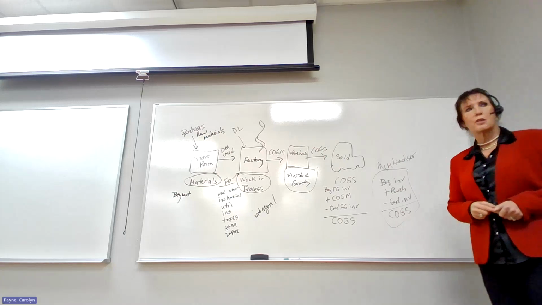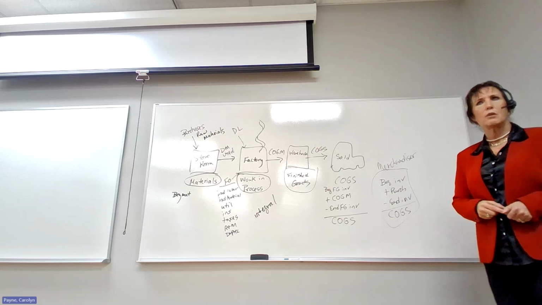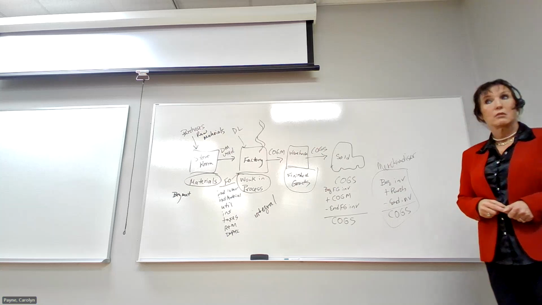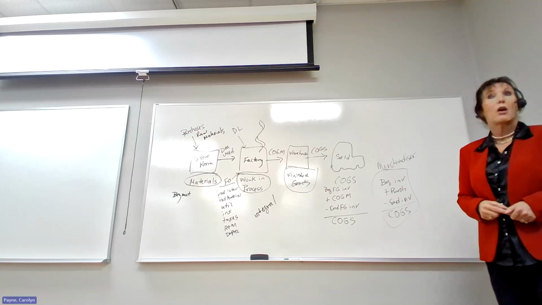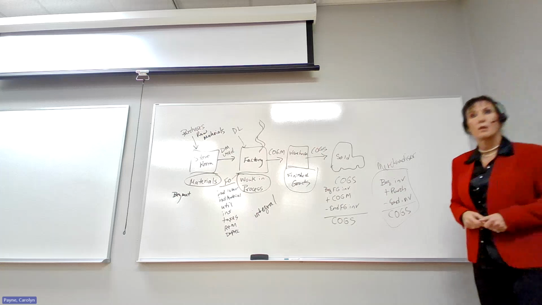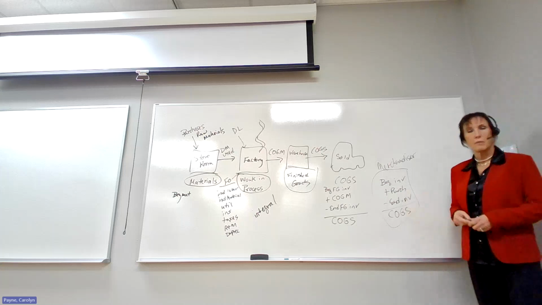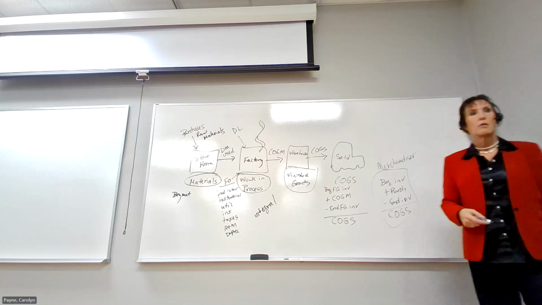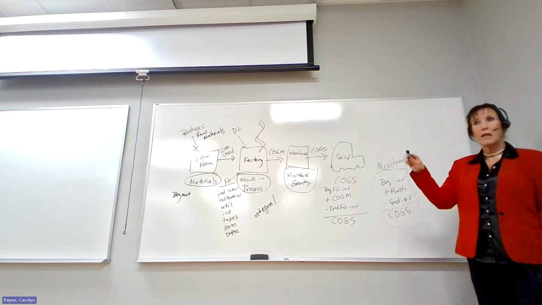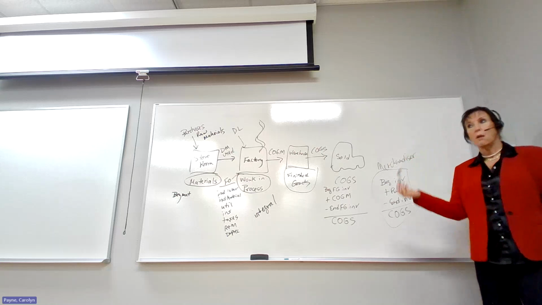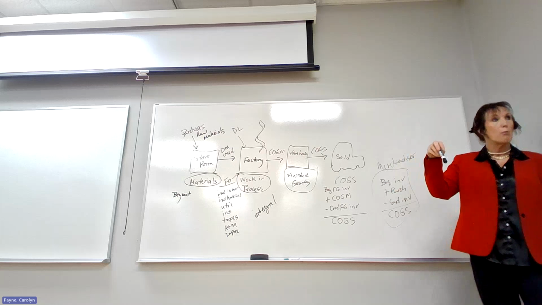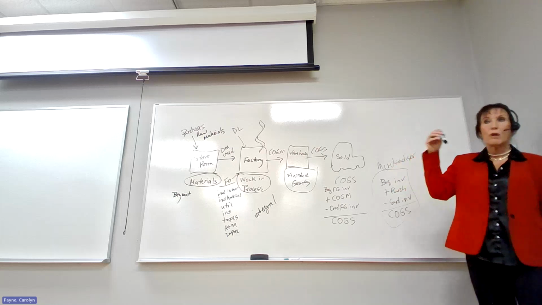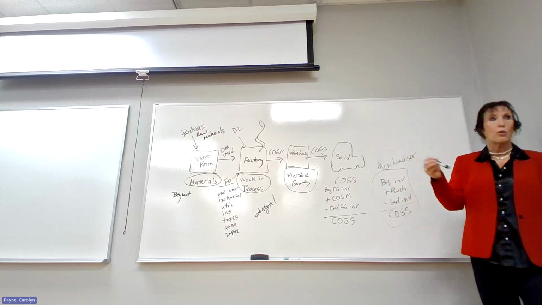And usually I get a question like, well, what if it was stolen? Is it still cost of goods sold? Yes. So beginning inventory, we had some stuff. Purchases, we purchased some more stuff. And then we count what's left at the end of the month, quarter, or year.